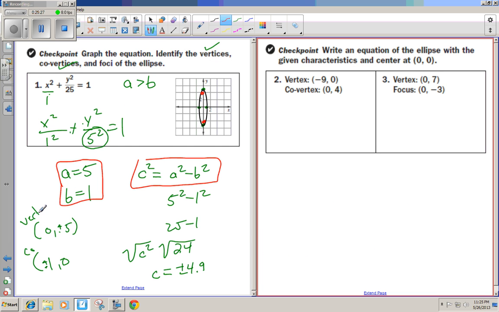More problems here. Let's give them a try. Write an equation of the ellipse with the given characteristics and center of 0, 0. All right, we have vertex and covertex. Since this number is larger, meaning bigger, 9, plus or minus 9, is bigger than plus or minus 4, that means that this is a, and it is underneath the x squared.